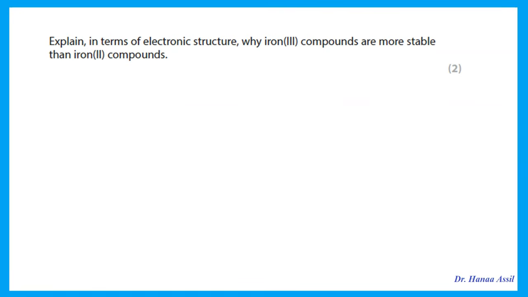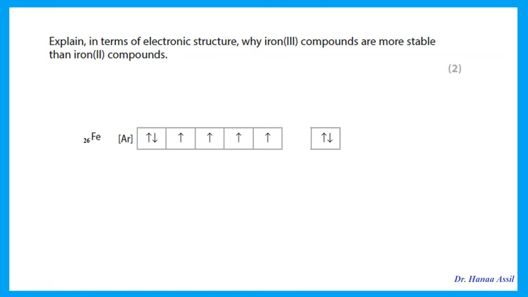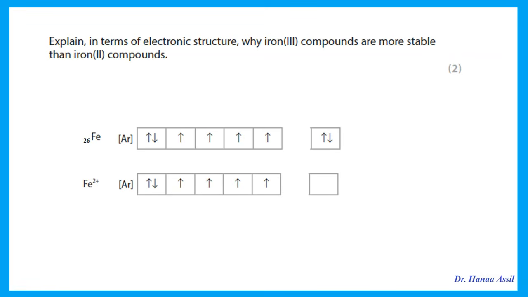Explain in terms of electronic structure why iron 3 compounds are more stable than iron 2 compounds. You should realize that iron is 26. Now, to form iron 2 plus, I remove the 2 electrons from the 4s, and that means I have paired electrons in the 3d which repel each other.